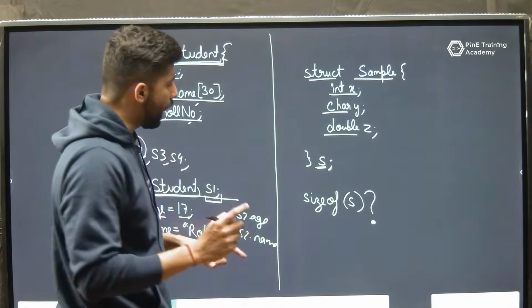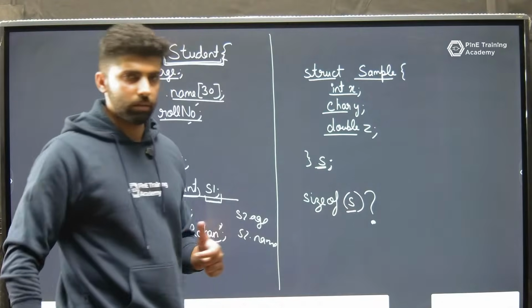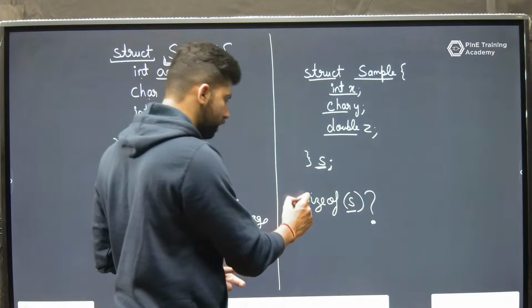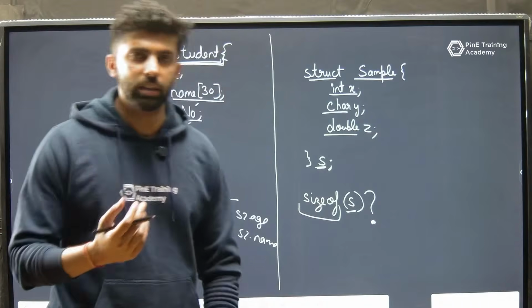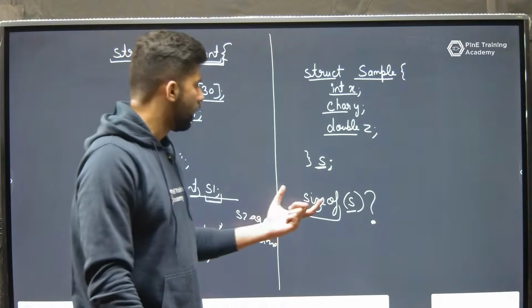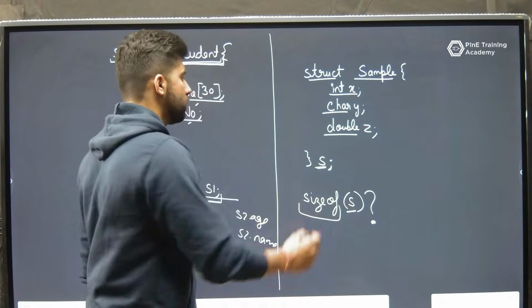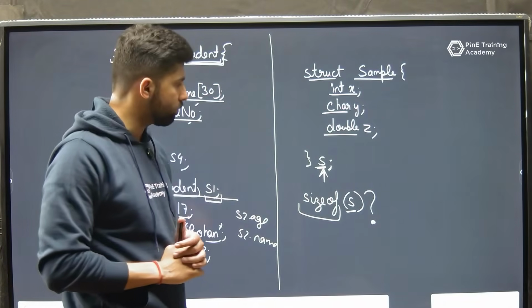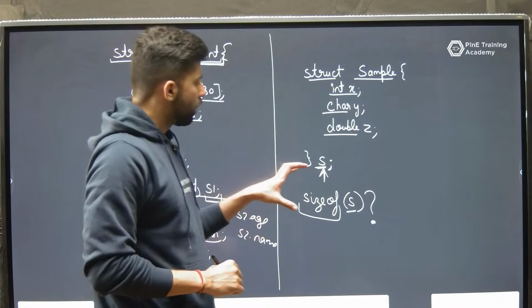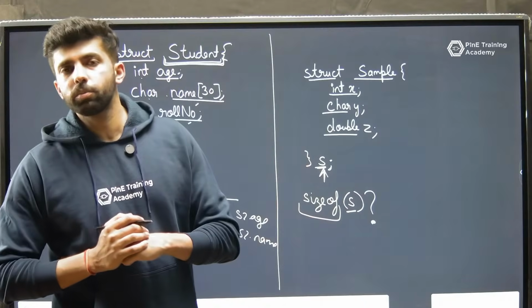Now I want to calculate the size of this variable. We know that in C language we have this sizeof operator through which we can calculate the size of different types of variables, and I'm using sizeof on this sample variable. What will be the size of this particular variable?